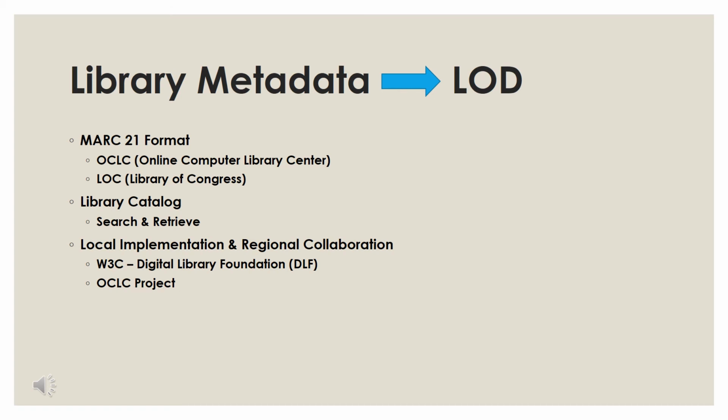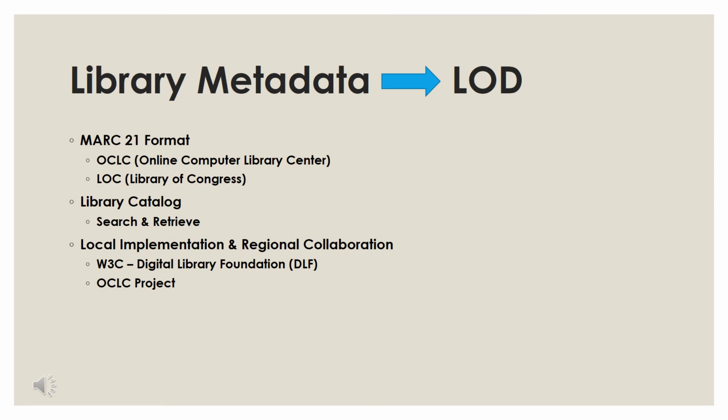And it's described in the library catalog using oftentimes MARC 21. There are some other formats, but MARC 21 is the most recent one, the most universal one, especially in the United States. And it has standards that are applied by the Library of Congress, as well as through the OCLC, both of which work together to make these standards.